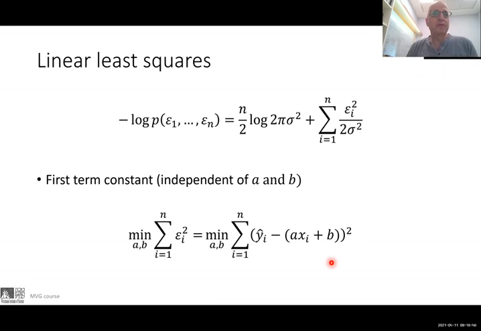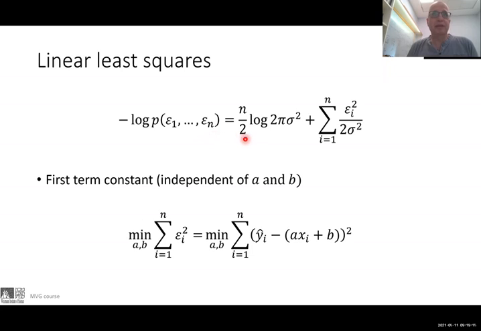So what we will want to do is to minimize the log likelihood. We write the minus log of the joint probability.